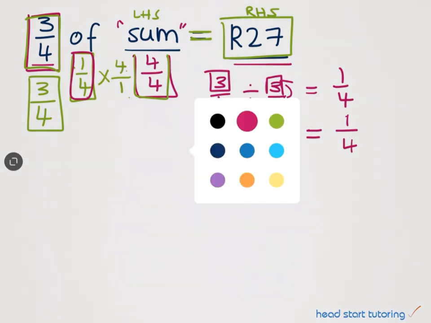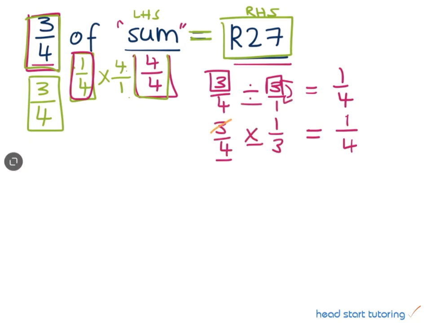The reason for that is because we can then cross cancel. So 3 into itself once and 3 into itself once. We end up with 1 times 1 is equal to 1, and 4 times 1 is 4. So we end up with our 1/4, which is what we were hoping for. Now we need to multiply your 1/4 by 4 over 1 to get 4/4.